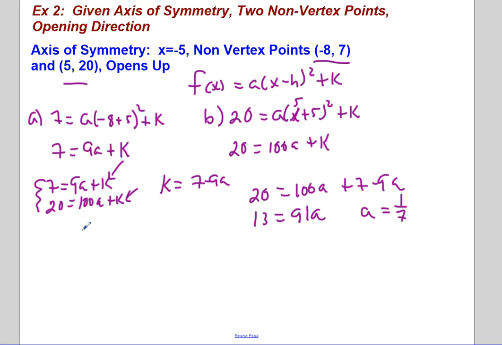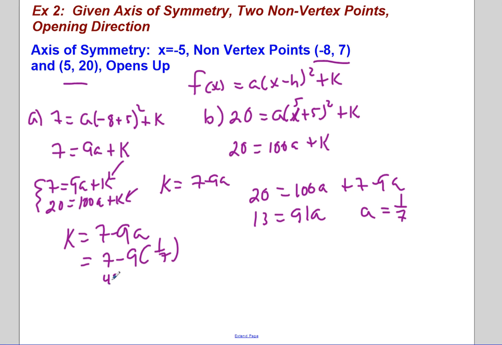So we're going to have k is going to equal 7 minus 9a. So that's going to equal 7 minus 9 times 1/7. That's 9/7. So we want to write this, and 7 is just another way of writing 49/7. All right?